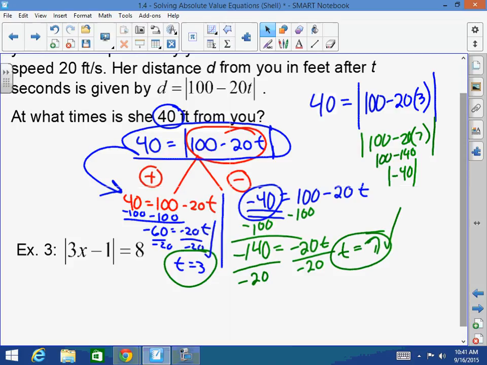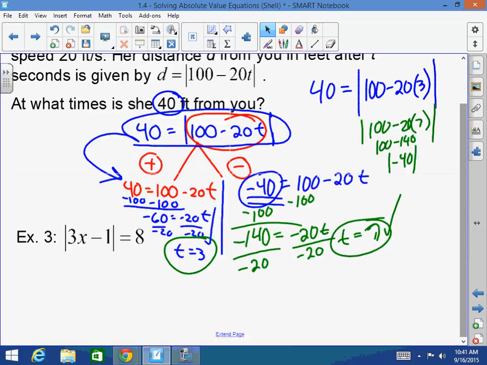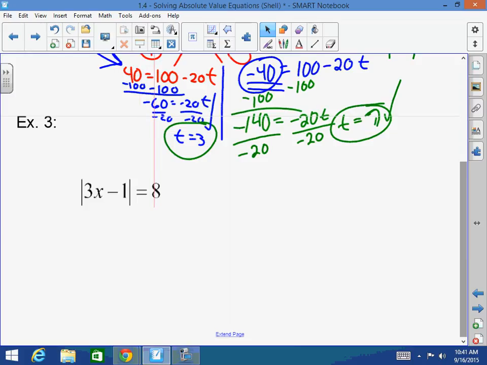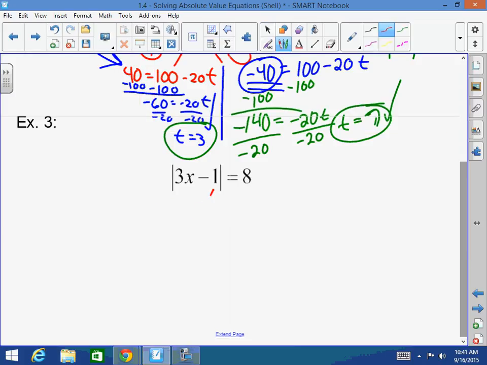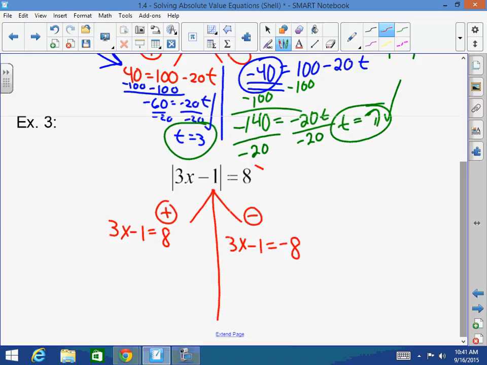Okay. May I continue? Thank you. So let's check out this one right here. Is the absolute value alone? Okay. Positive side, negative side. The positive side is the mirror image: 3x minus 1 equals 8. I don't change anything there. The negative side is 3x minus 1 equals negative 8. I multiply the non-absolute value side by a negative.